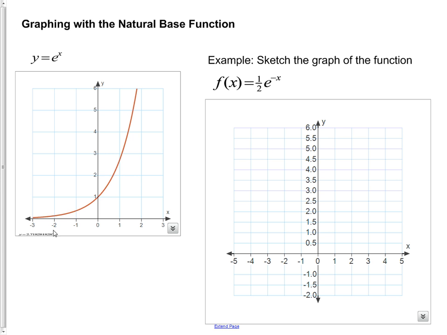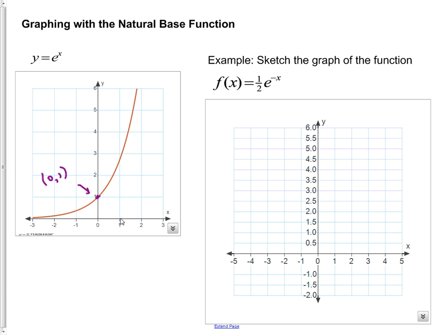We can graph. Here, for example, is the function f of x equals e to the x. And how do we know what points are on it? Well, easily enough, we can map these points by looking at the values. Certainly, e to the 0 would equal 1. So this graph passes through the point (0, 1).